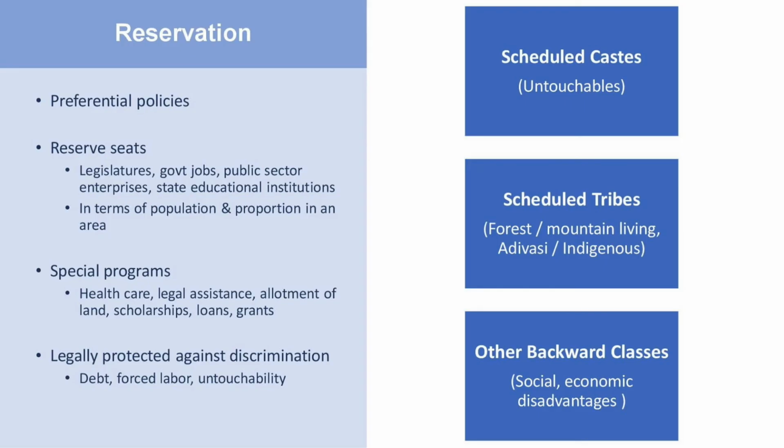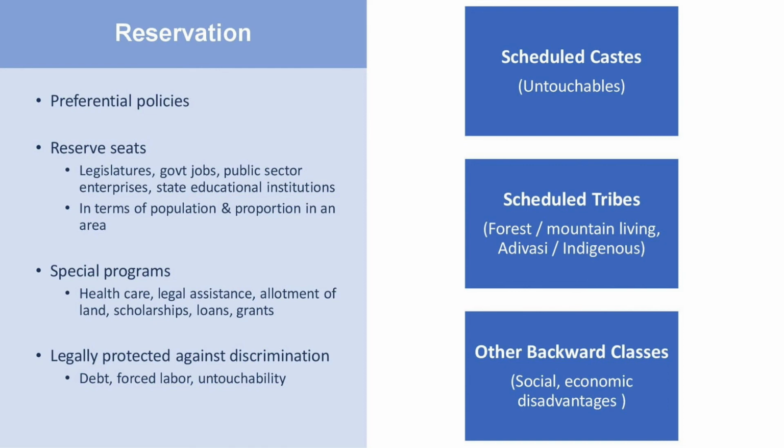There are three main categories of people that have been identified as eligible for positive discrimination and for preferential policies, and there is reservation for them in the legislature, in government jobs, in public sector units, in state supervised educational institutions, etc. They have also been promised special programs related to healthcare, legal assistance, loans, scholarships, etc. And very importantly, they are also protected by law against any form of discrimination like untouchability or forced labor.